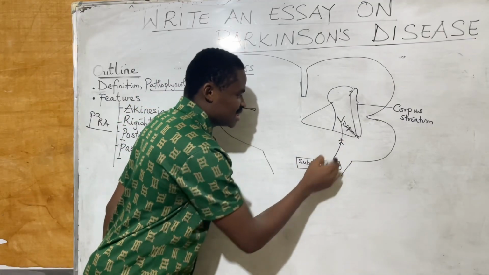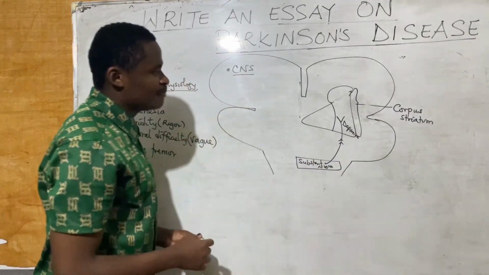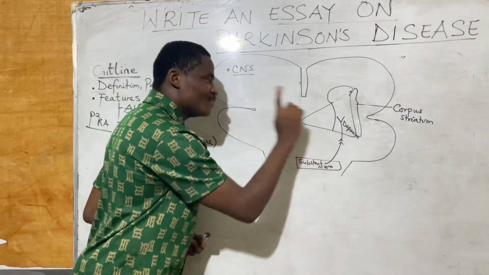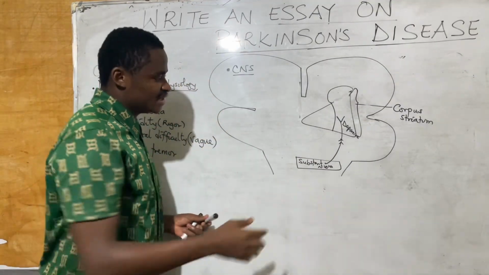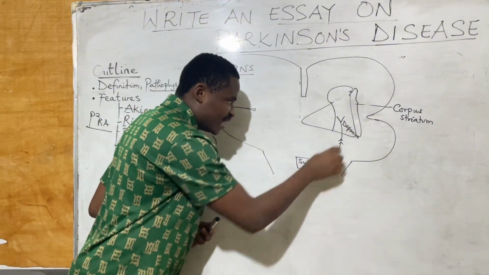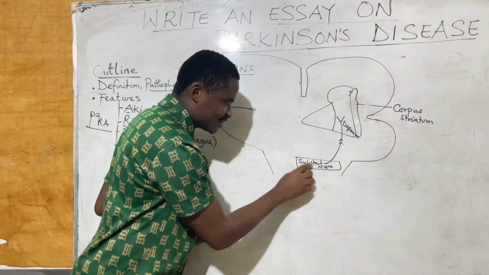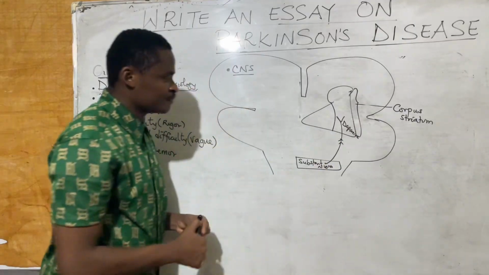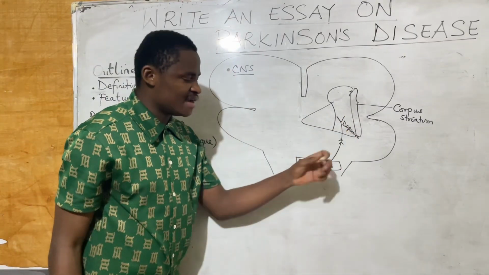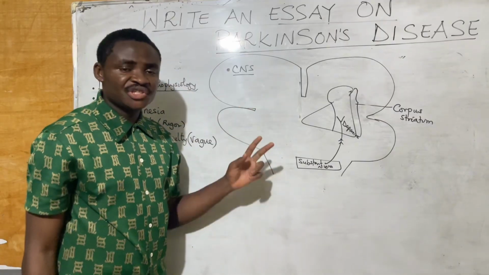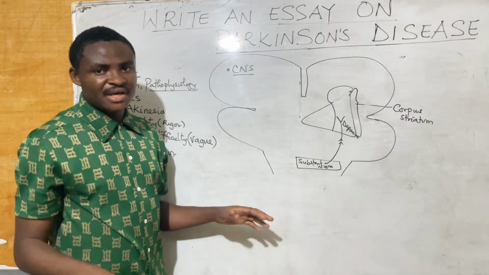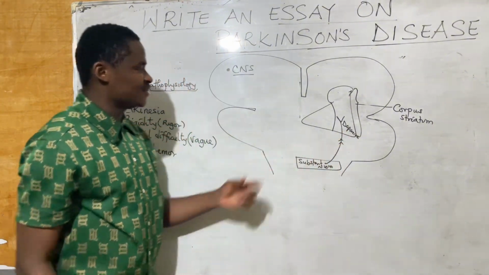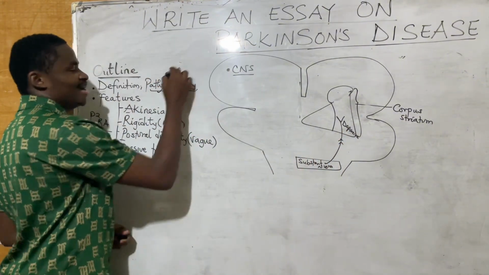This particular fiber, some people call it the dopaminergic fiber because it releases dopamine, and other people call it the nigrostriatal fiber because it runs from the substantia nigra to the corpus striatum. So the nigrostriatal or dopaminergic fibers are damaged and do not release dopamine. Are we together? That's the pathophysiology you are going to say.